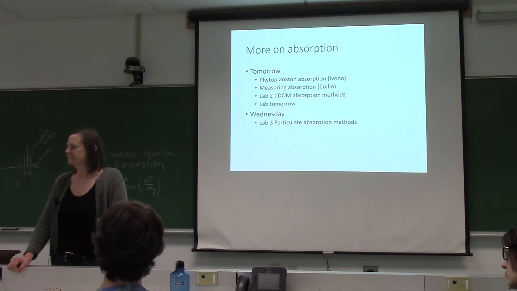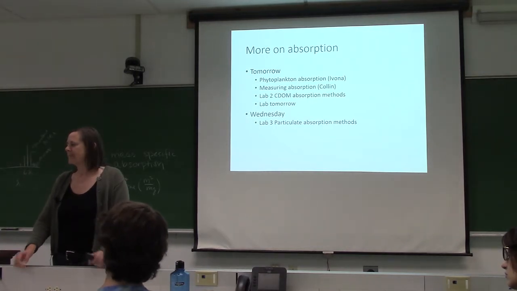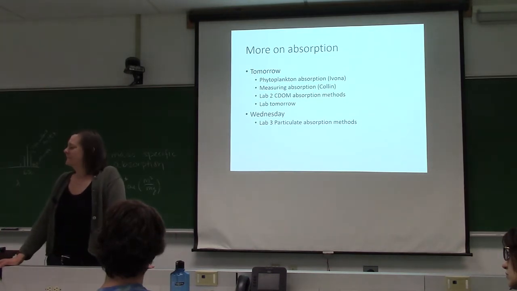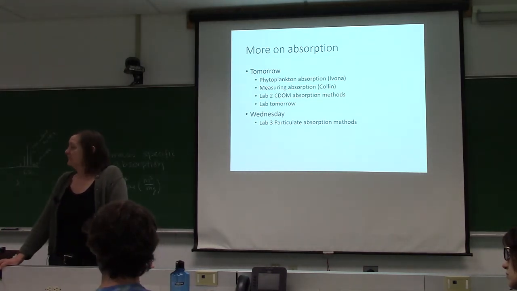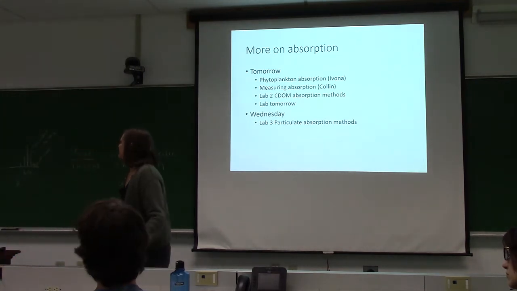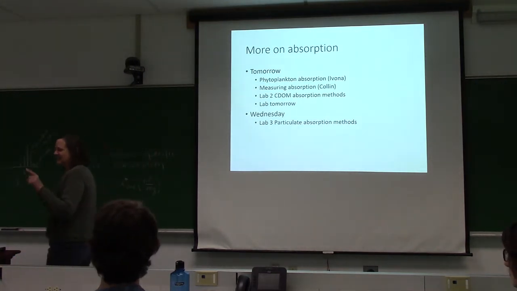Early in the lecture, you talked about using the specific absorption coefficient and then just multiplying by the concentration to get absorption. How robust has that proven to be? So it really depends on which component and where you are.